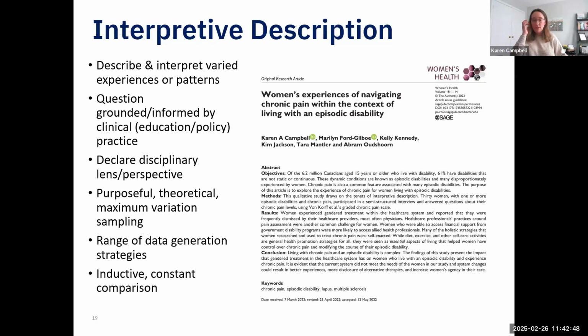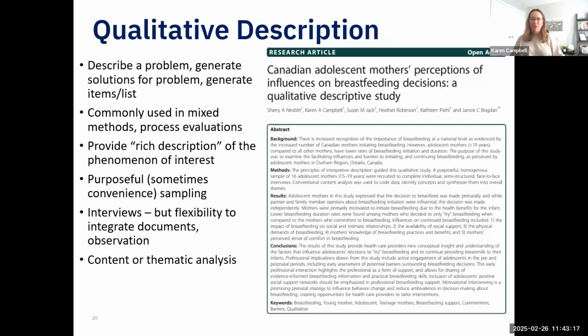You might use words like theoretical or maximum variation sampling, so that you get a wide net of who is included. There's a range of data generation strategies because, as I mentioned, this is informed by all three traditions. And so, depending on what's appropriate, there are lots of different ways to collect the data and also to look at it and now analyzing it.